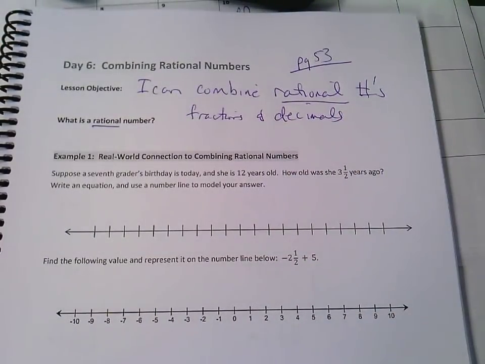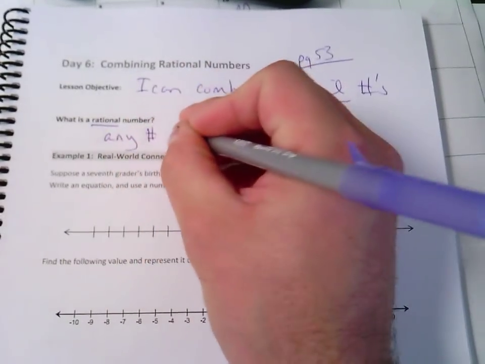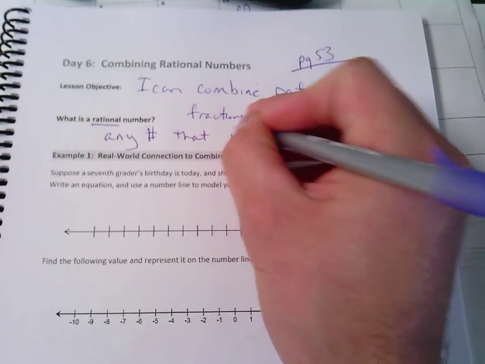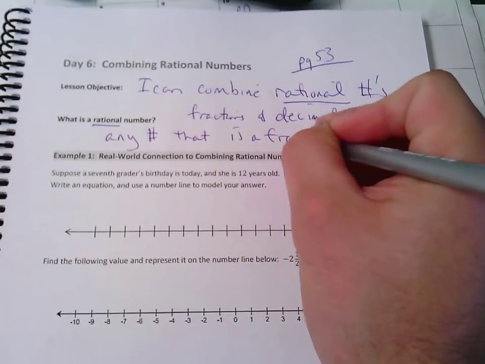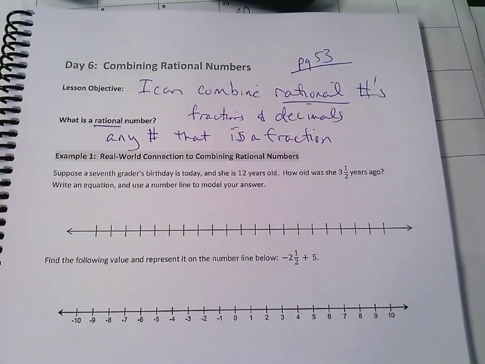The true definition of a rational number is any number that is a fraction. That's the technical definition. So clearly anything that's a fraction is a rational number.